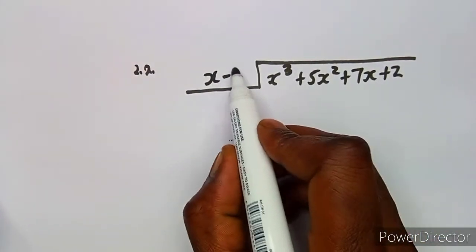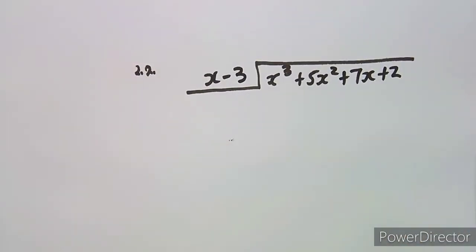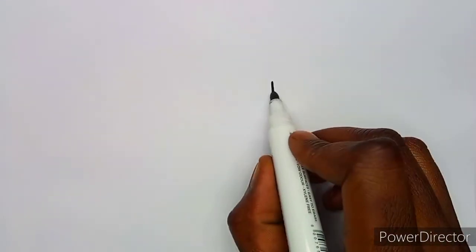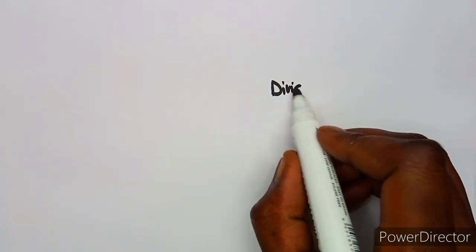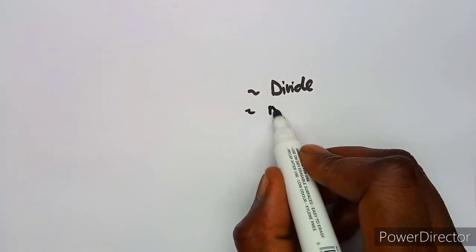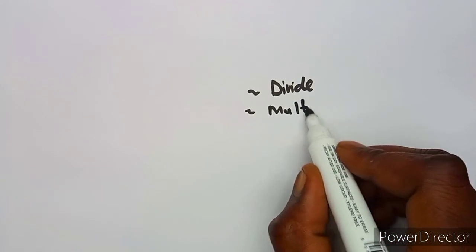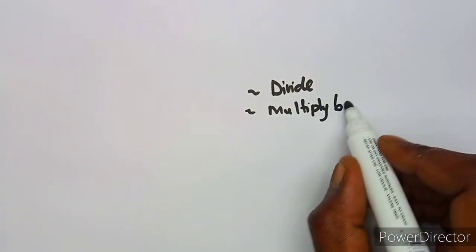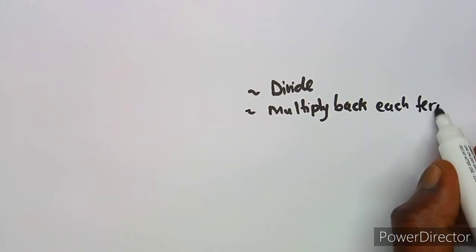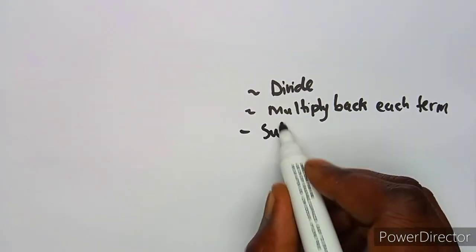So it's x minus 3. So remember the concept of long division, guys: you divide, you multiply back each term, and you subtract.